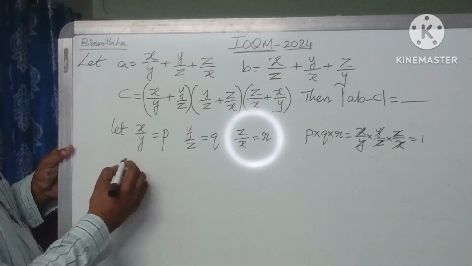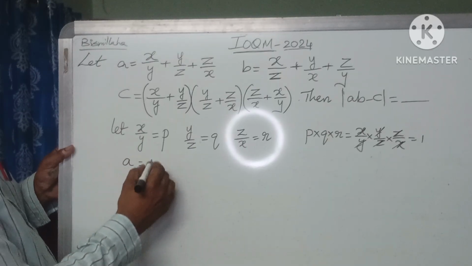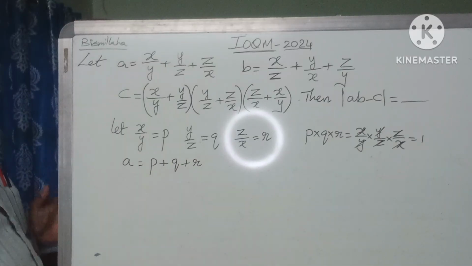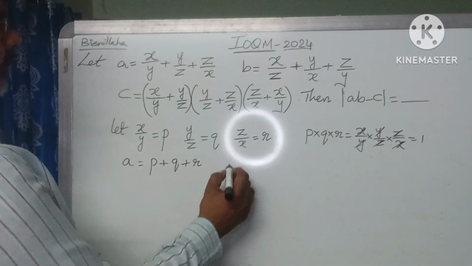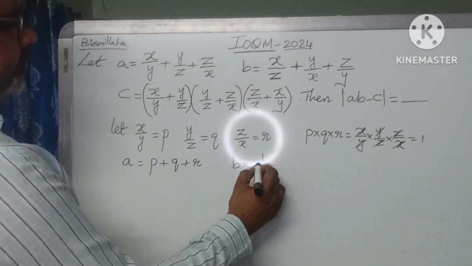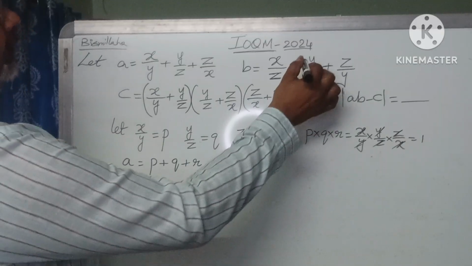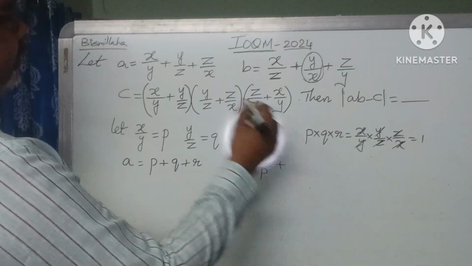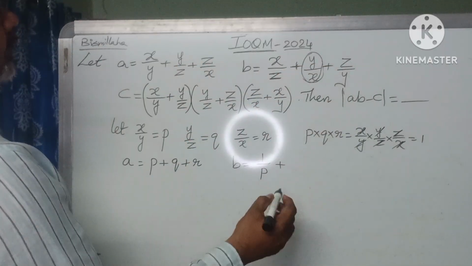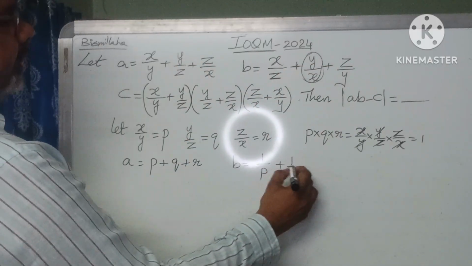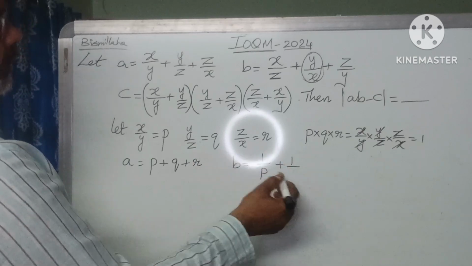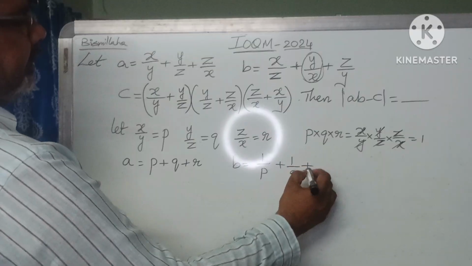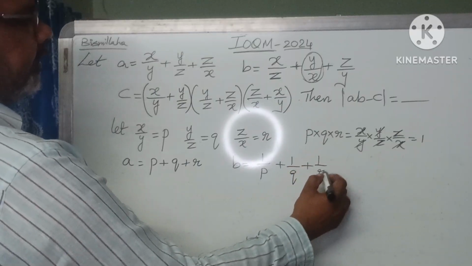Now here A is equal to P plus Q plus R. And if you take the second one, B is equal to 1 by P. This value is 1 by P. The second value y by z means z by y, this is 1 by q, and the third one x by z or z by x, it will get 1 by r.